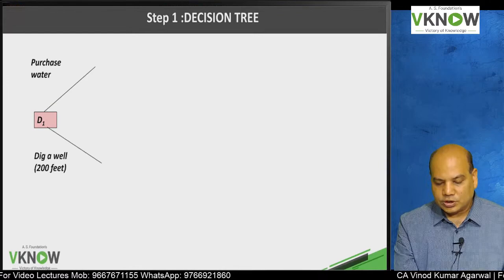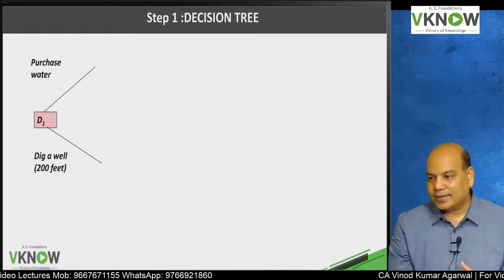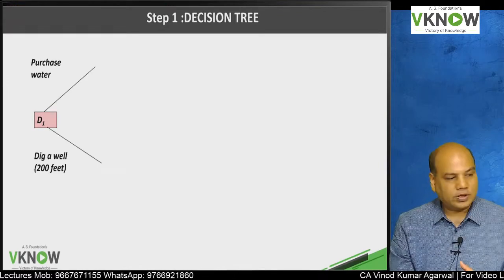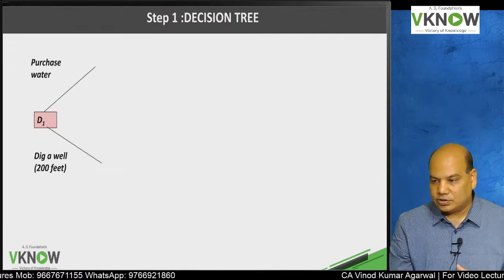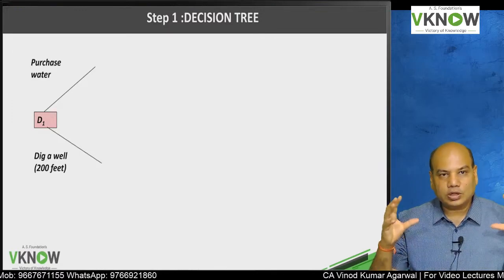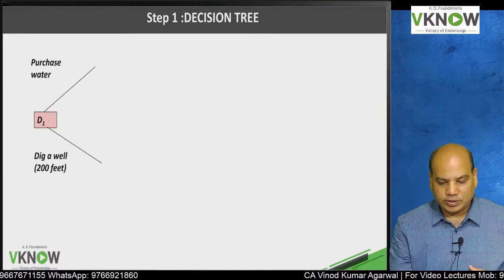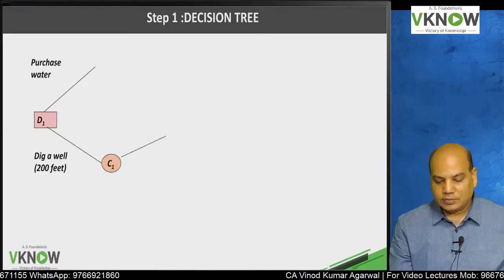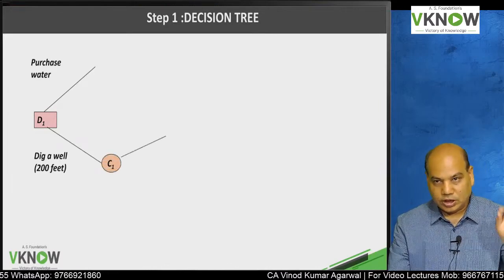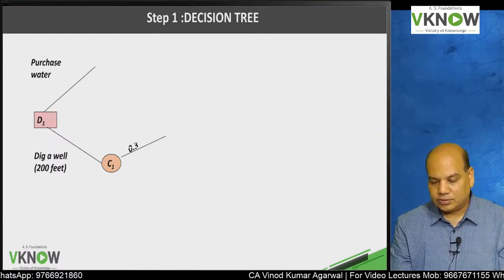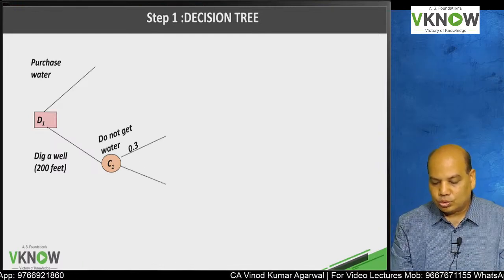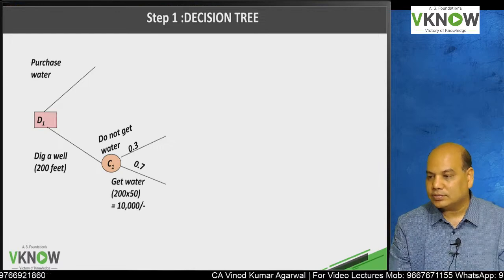We have two choices to be made today. Either you dig well 200 feet or you purchase water. These are the two alternatives today in front of me. If I dig the well for 200 feet, there are two possibilities.